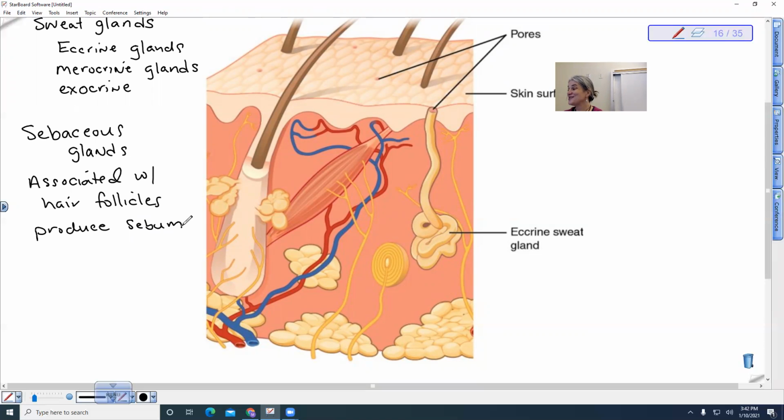So sometimes you see on the surface of your skin like a whitehead. That is sebum. When that whitehead gets exposed to air, it becomes oxidized and it turns black. So that's your blackhead. If you get infection in that hair follicle and in those glands, that can lead to acne, right? The other thing that's kind of interesting about this sebum is this is lubricating.